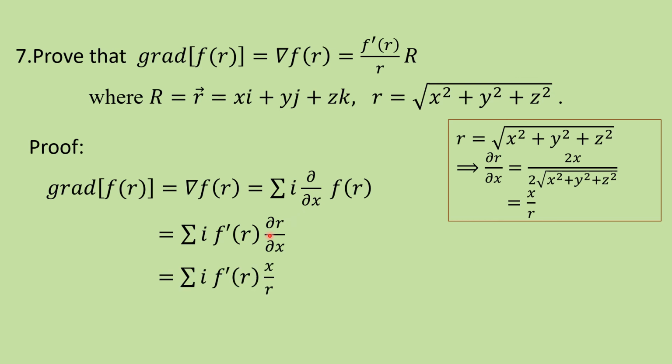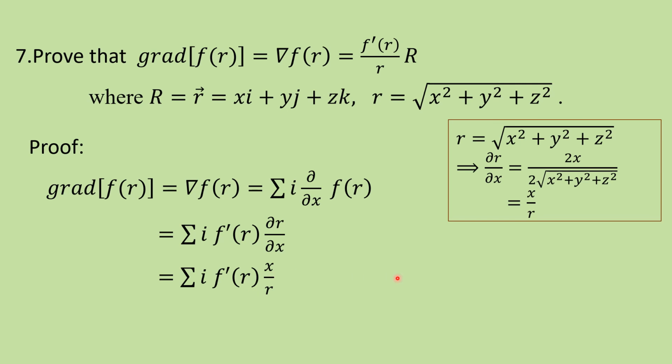So I substitute over here. It gives summation i f dash of r into x by r. If I expand this, we'll have the components of i, j and k. The component of i is f dash of r by r into x. Similarly, the component of j is f dash of r by r into y.